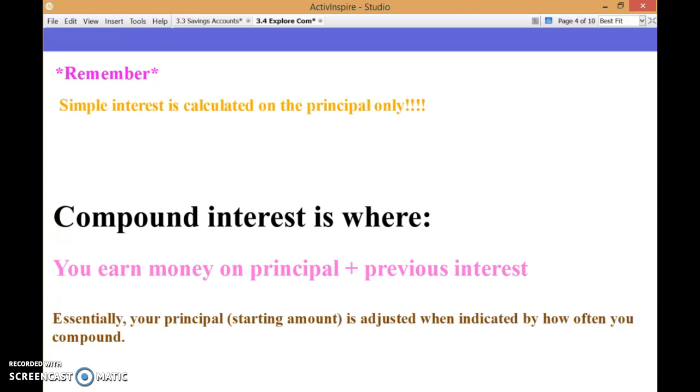That means every month they take whatever you had previously in your account plus your interest, and that becomes your new principal. And then they do that simple interest formula again. So essentially your principal or your starting amount is adjusted when you indicate how often you compound. We'll do a couple examples and hopefully this will make a little bit more sense to you.